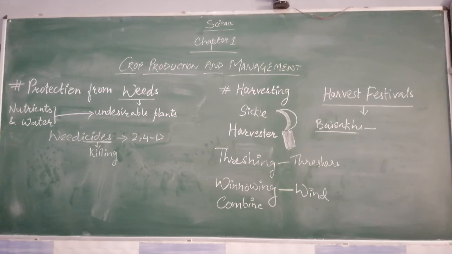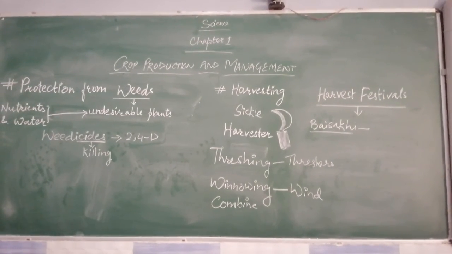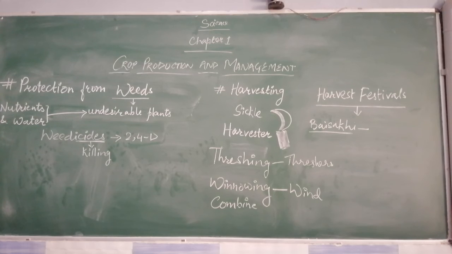At home also, your mother sometimes separates the chaff, as some particles could be attached to the grains, and that portion has to be removed, and they use a method which we call phatakna. By this they remove the chaff.